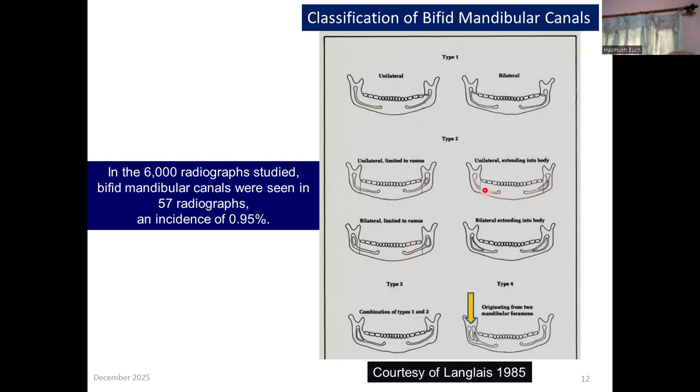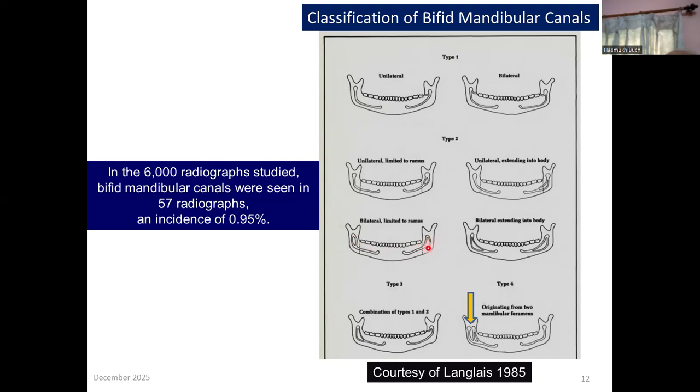And this is happening, we have to consider whether it is happening in the body or ramus. This is extending into the body from the ramus. And here it is limited to the ramus only.